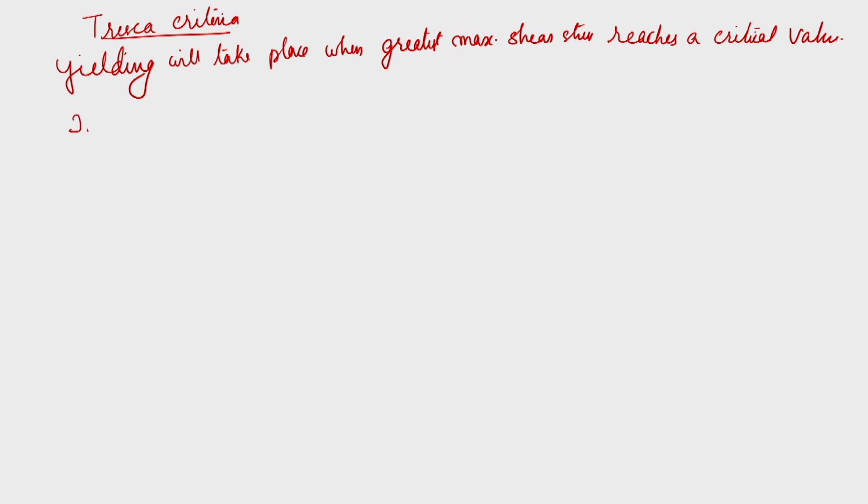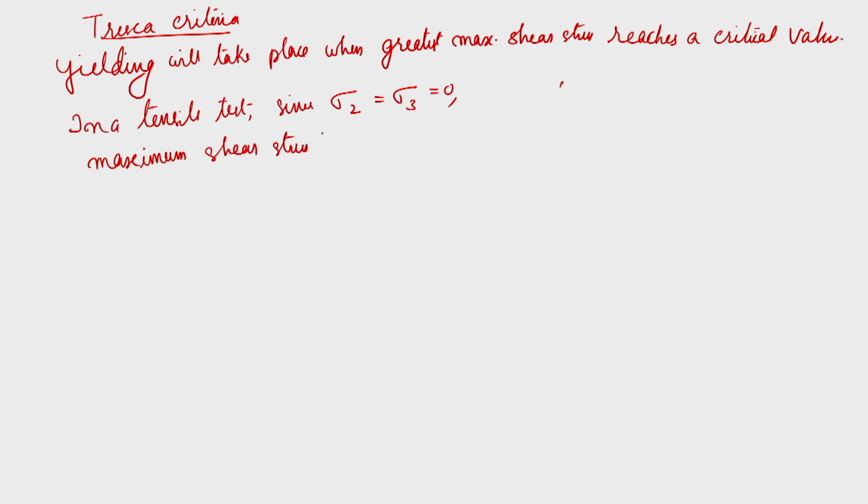So, in a tensile test, since sigma 2 is equal to sigma 3 is equal to 0, the maximum shear stress is tau max equal to (sigma 1 minus sigma 2) by 2, where sigma 2 is 0. So that means it is equal to sigma 1 by 2.